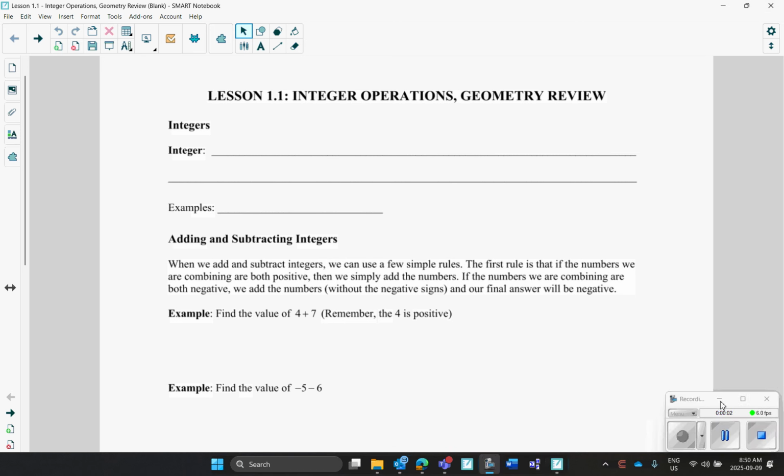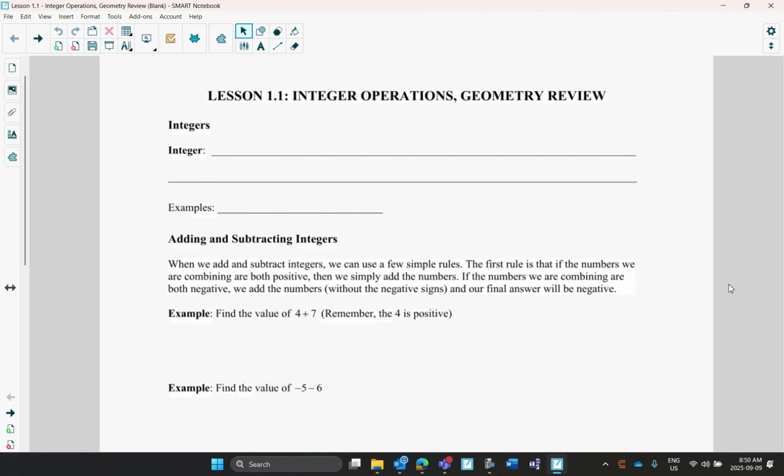So this first unit is actually a review unit, and really all we're going to review is what's important from middle school to continue on in grade 9.